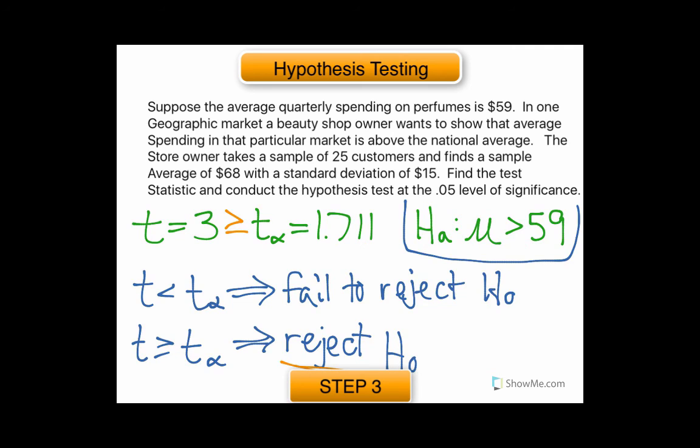And if you recall from before, the null hypothesis is that the store owner's average is less than or equal to the national average. So the fact that we reject this null hypothesis means that we found statistically significant evidence that the store owner's average is greater than the national average. So we found evidence in favor of the alternative hypothesis. And that's how you conduct a t-test.